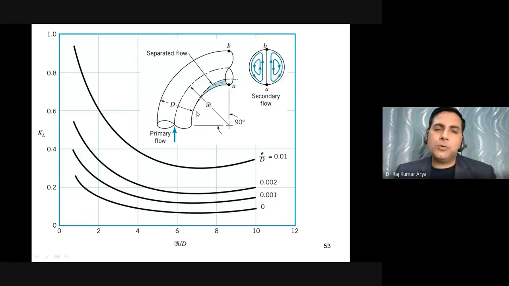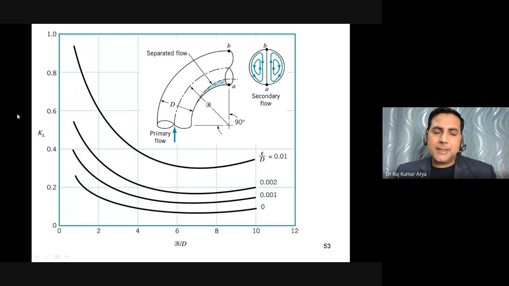Due to this tendency, the fluid from here is following a path on this side. So there would again be a flow separation in this particular part. So wherever you have a flow separation, you will see this type of circulation path, which is called eddy currents, which give the losses to the flow. Okay. So as this R becomes more and more, your flow separation will keep on decreasing actually.